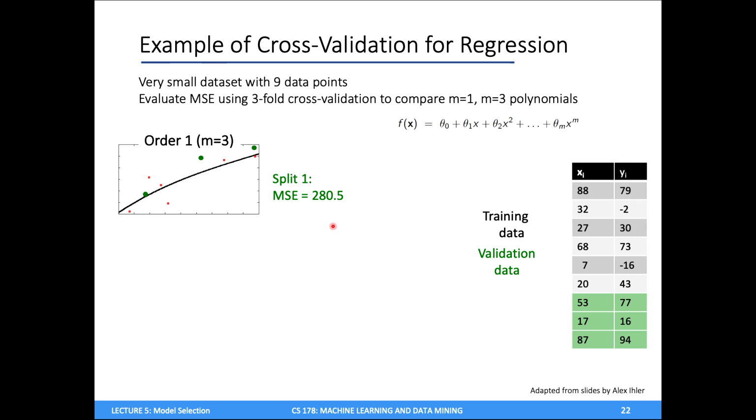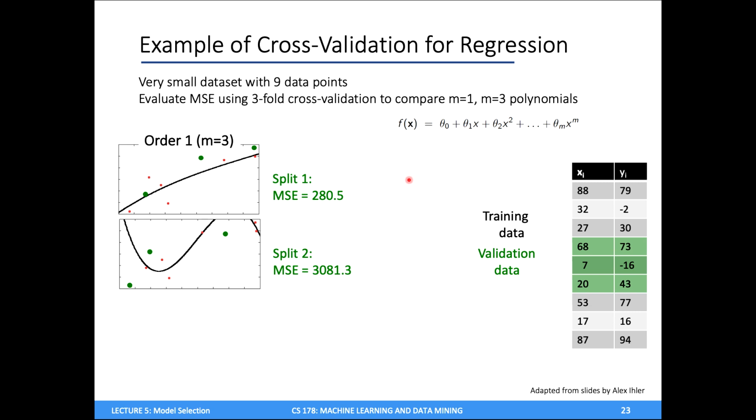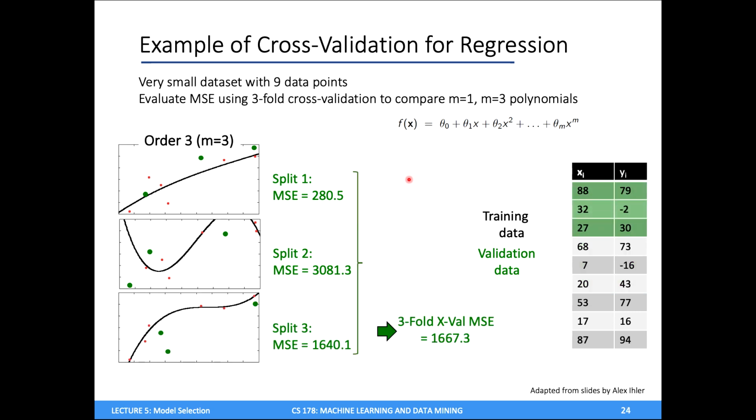So in our first split, we get an MSE of 280, then an MSE of 3,000, and then finally an MSE of about 1,600. We average these numbers, get a cross-validation MSE of about 1,600. And then based on this evaluation, we should probably pick the linear model over the degree 3 model because it had a lower cross-validation error.